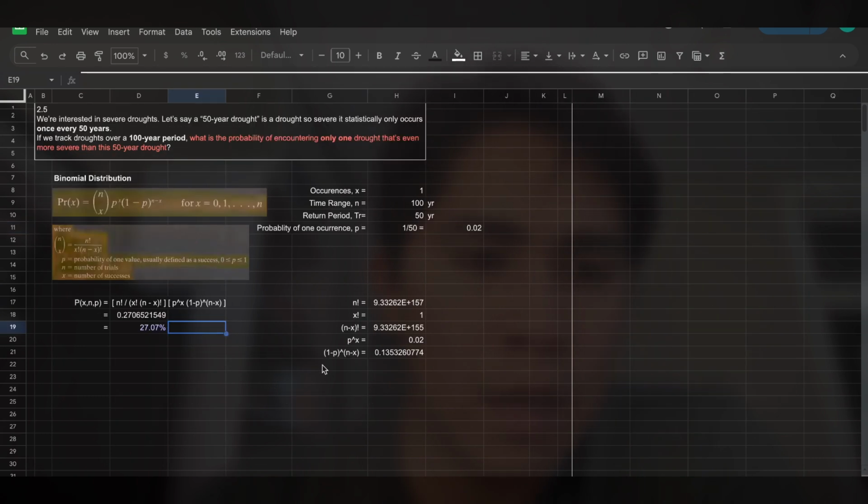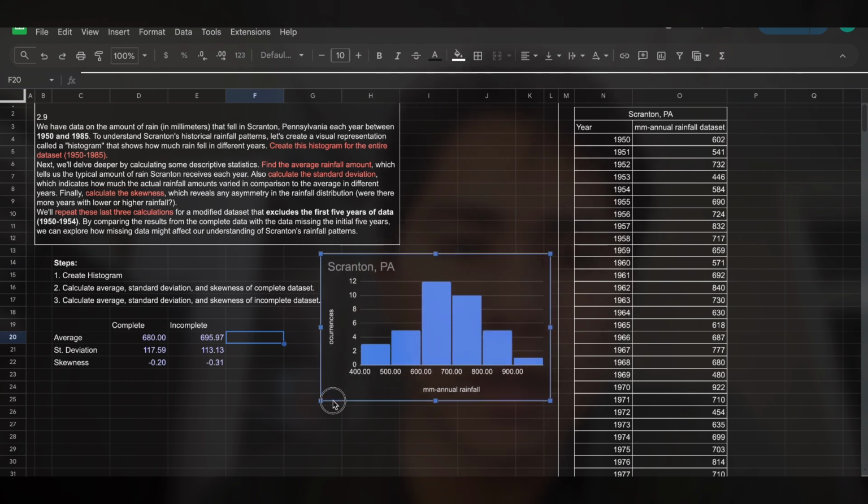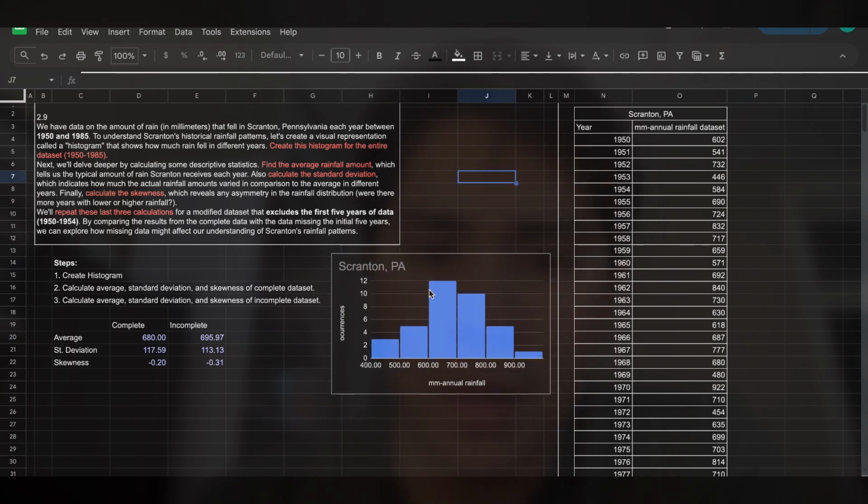And the binomial distribution, again, comparing two values, you can find a probability. And the last problem was pretty simple, to make us familiar with histograms and how they can visually explain how a specific area is represented.